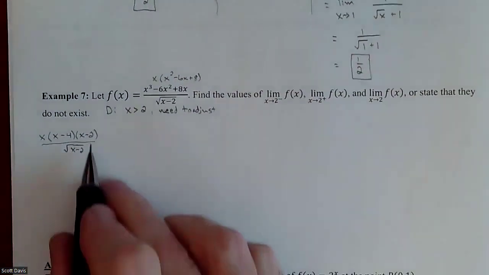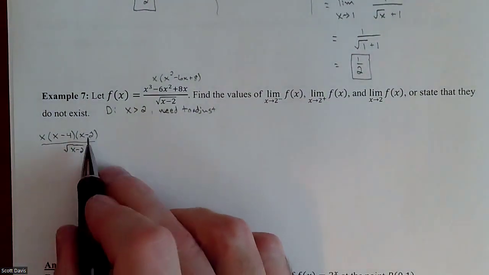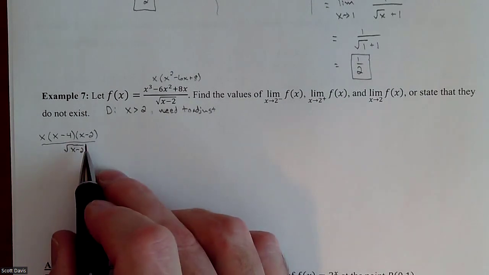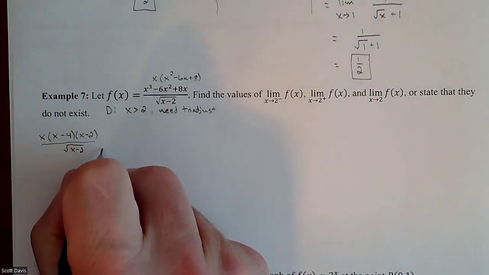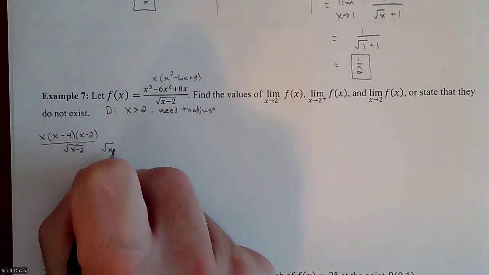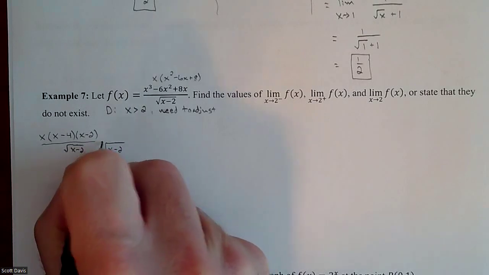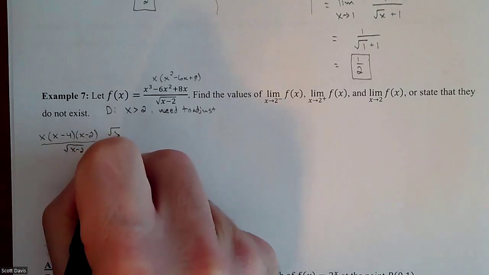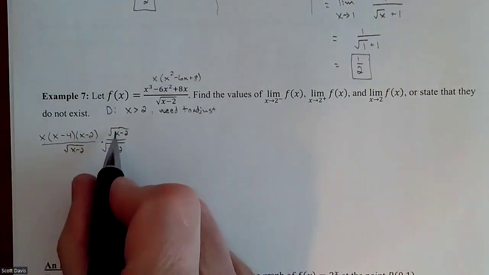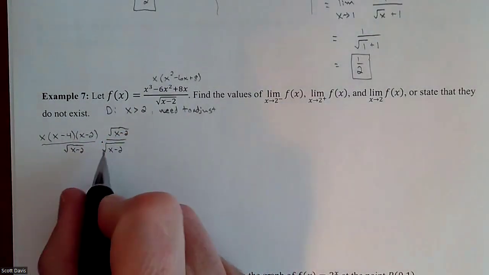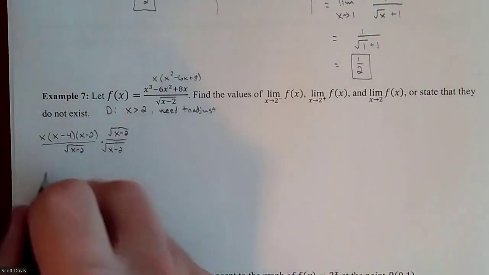Okay, so the x minus 2's are pretty close to canceling each other, because that ends up being the problem. The only way we can manipulate it so they cancel is to multiply the top and the bottom by the square root of x minus 2. If we did that, I'm not going to distribute it, but the square roots would cancel out.